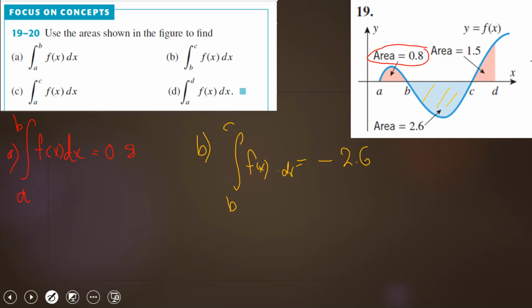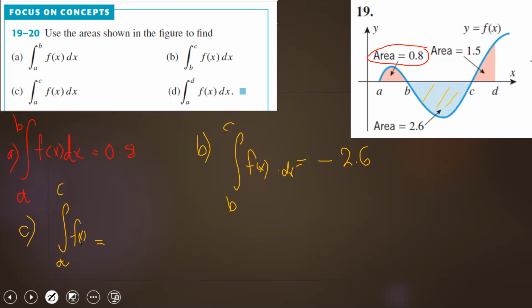Now let's talk about C. The integration from A to C. From A to C, how many shaded areas do we have?